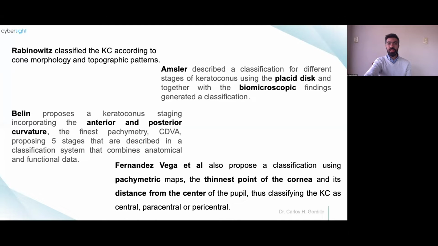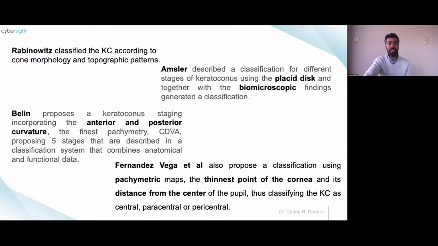Let's do a quick review of each classification. With the Rabinowitz classification, the keratoconus is classified according to cone morphology and topography patterns. In the Amsler classification, they describe the different stages of keratoconus using the plastic disc and biomicroscopic findings.